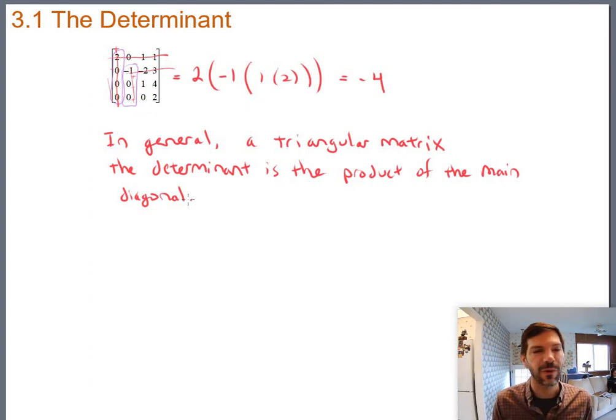And we'll make use of that more in the next section. So if there's any problem in your homework that is a triangular matrix, just multiply down that diagonal. And if it's not quite triangular, definitely pick the best row or the best column to make your life easier.